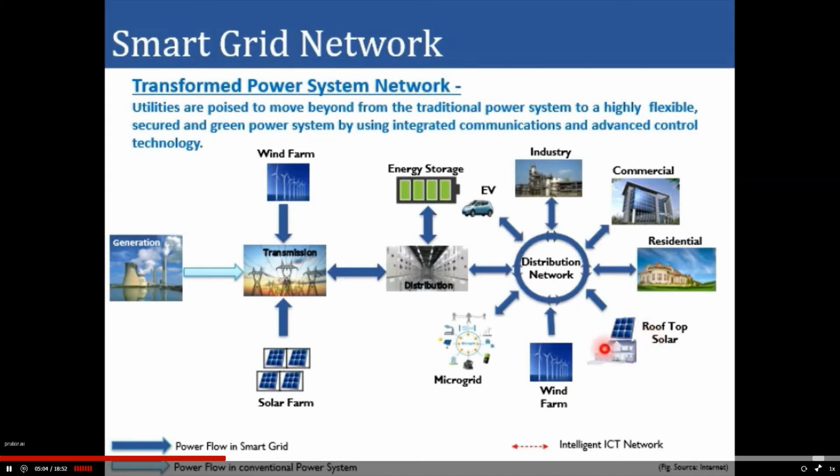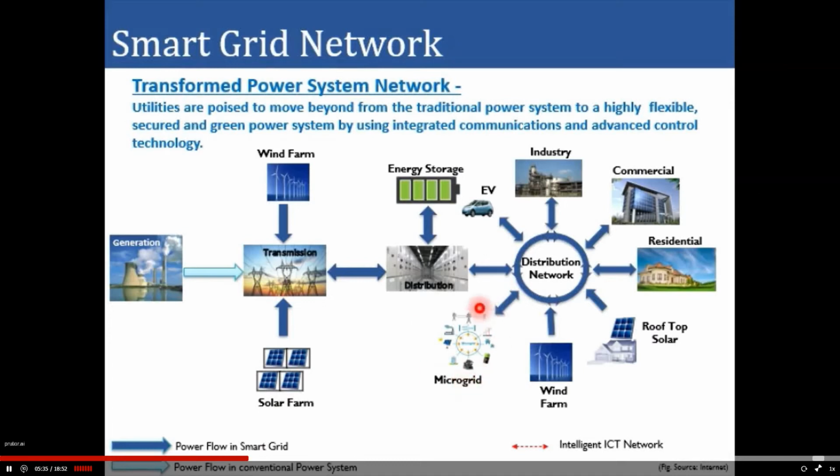Also, we have rooftop solar, we are having wind farms. We are also integrating the microgrids into the distribution network, where a small village will have a microgrid setup, including various energy supplying and consuming devices, and they will only integrate when there is a requirement of energy flow.